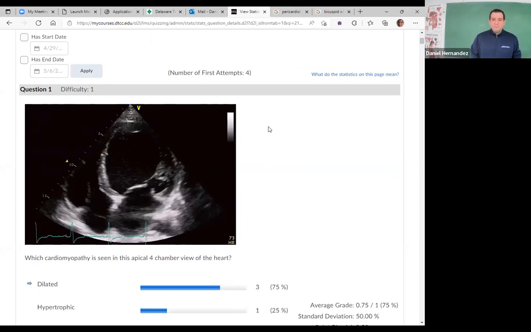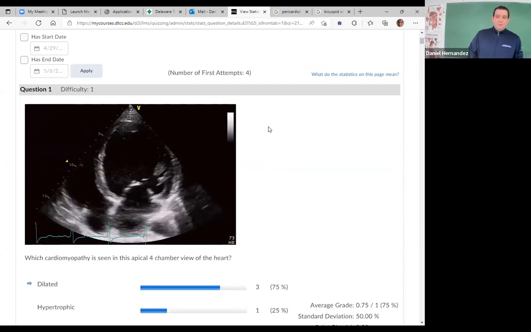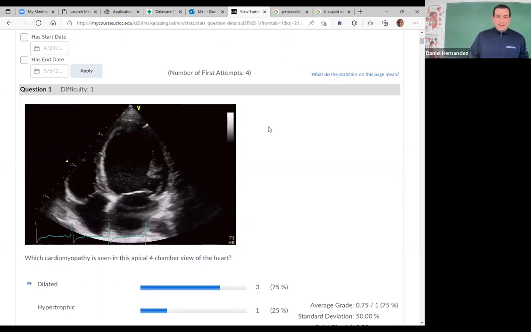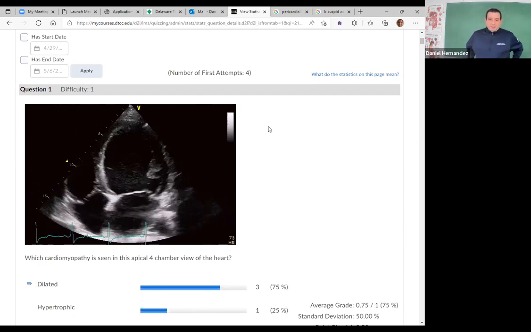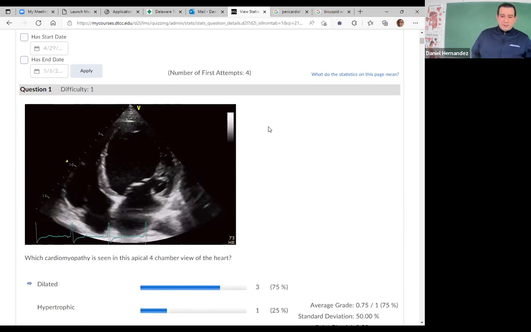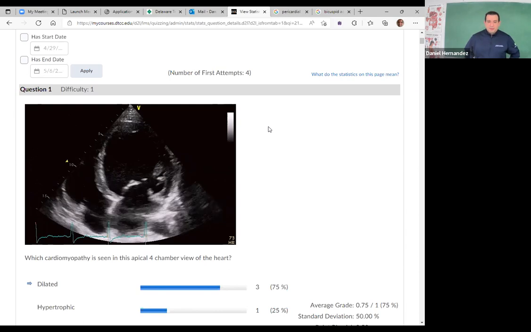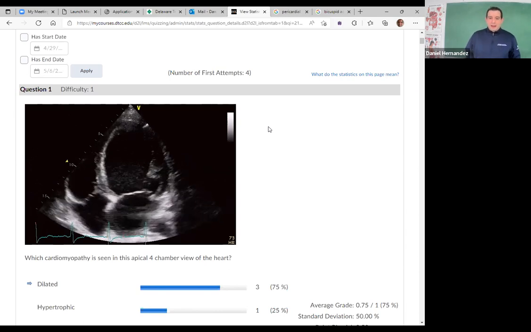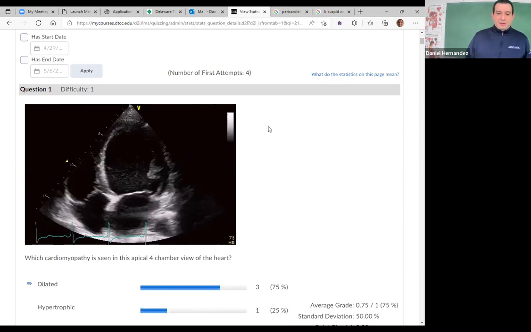So this goes into that theory of when we're talking about the sphericity index, or how spherical that LV is becoming. That sphericity index could be used to determine the severity of the dilated cardiomyopathy, and it could be used, again, as a prognostic indicator to outcomes.